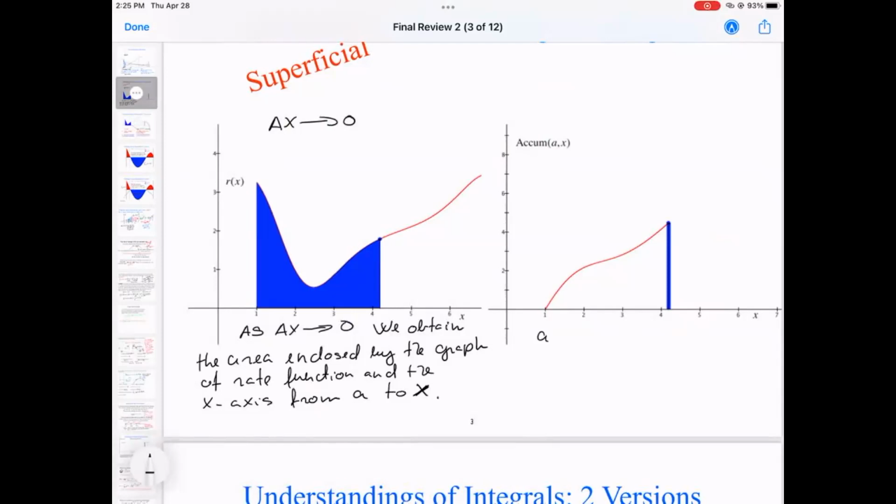As delta x approaches 0, we obtain the exact net accumulation, which is the integral from a to x of the rate function, r of t dt.